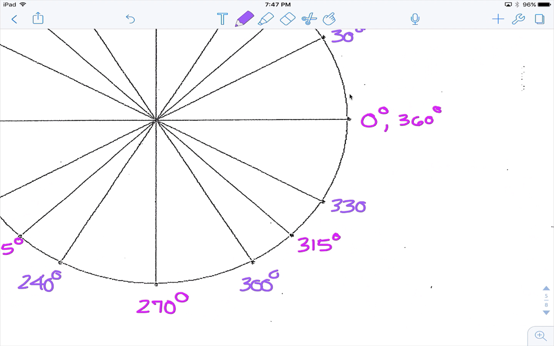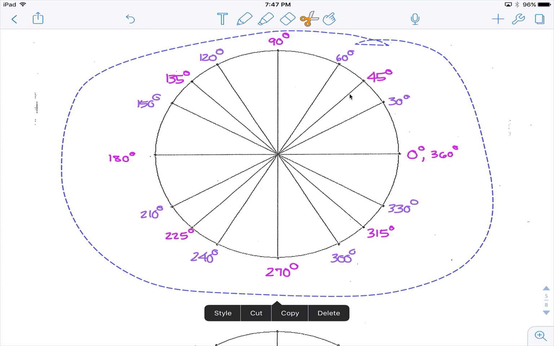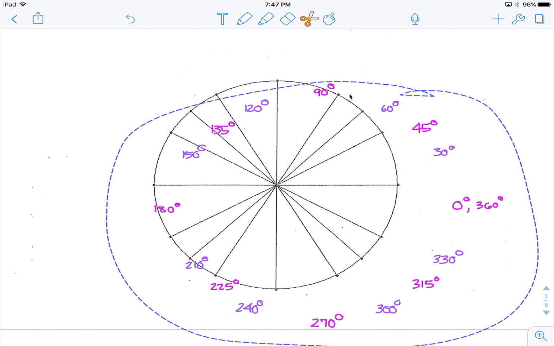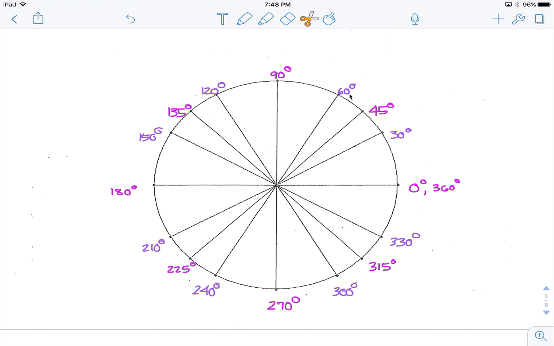Okay, so now let's go around and talk about that in terms of radians. We're going to do that on the first circle, and then we're going to do that again on the second one. So you can copy over those values if you'd like to, so you don't have to rewrite them.